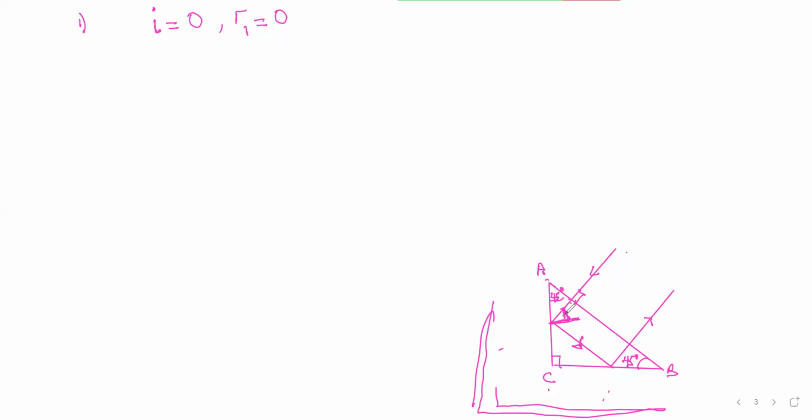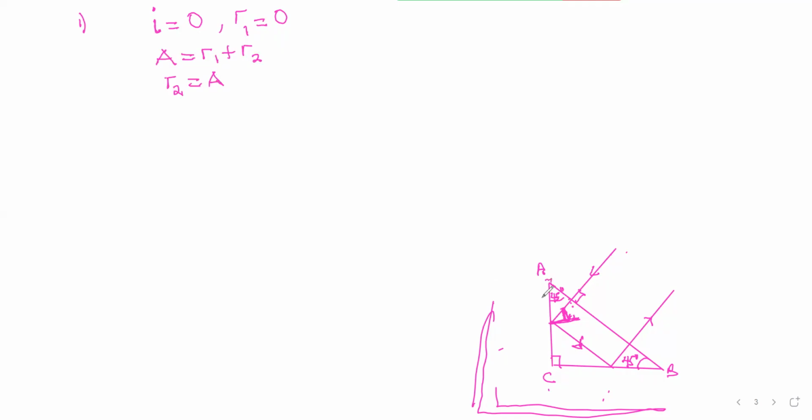This angle here is equal to R2 at the boundary AC. But for AB, I is 0 and R1 is 0. Are you okay? So if this is the situation, then using A is equal to R1 plus R2, straight away R2 is equal to A.